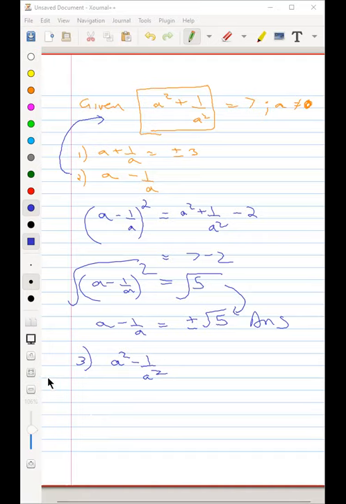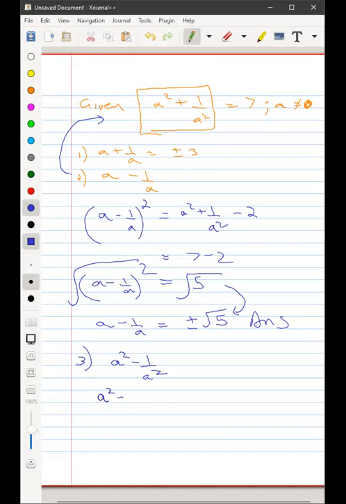Samita, let's solve this. Yes, sir. Tell me. Sir, is it a minus 1 upon a square minus 2? No. Which identity will we use to get this?